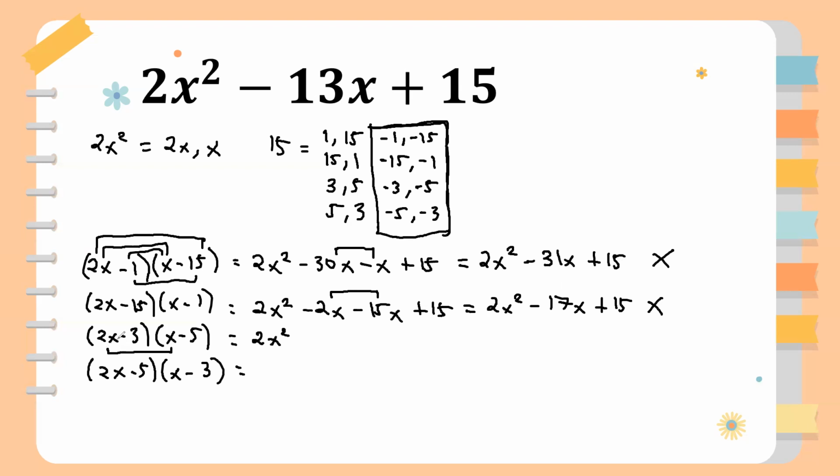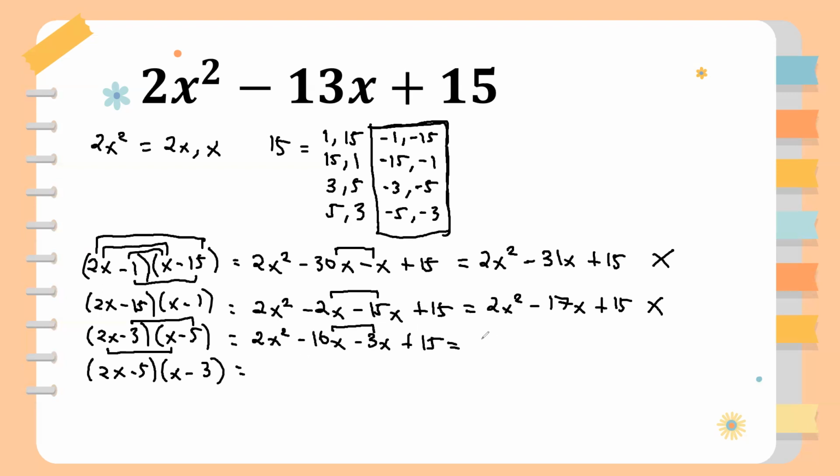Next, outer term, 2x times negative 5, that is equal to negative 10x. Then negative 3 times x is equal to negative 3x. Negative 3 times negative 5 for the last term, we have positive 15. Then combine like terms.